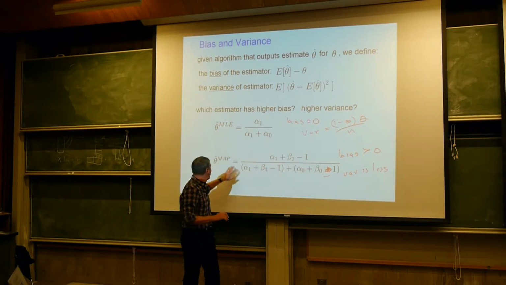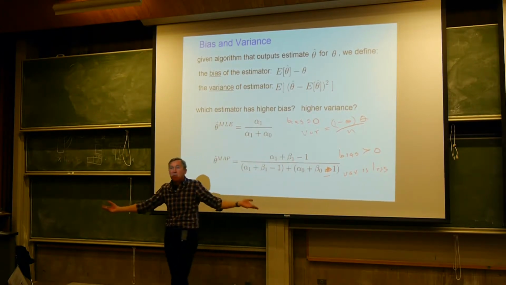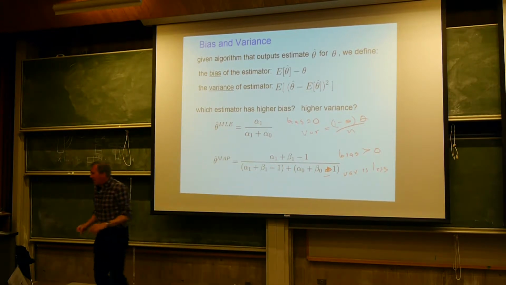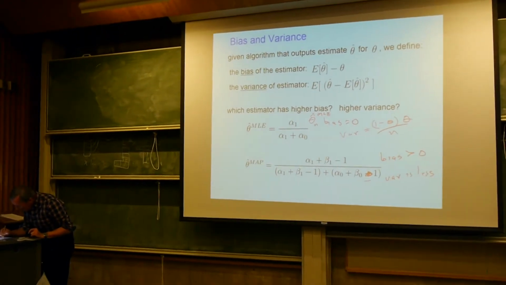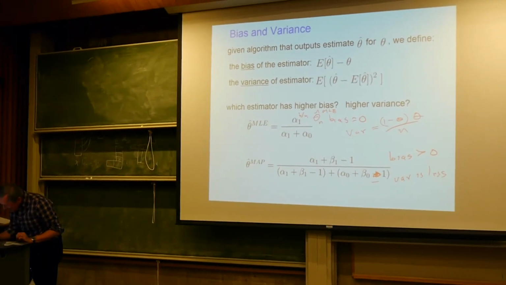As n goes to infinity, the MAP estimate converges to this because the betas become inconsequential, the alphas dominate. And so if they're going to converge to the same thing, then what I could say more properly is that theta MLE has a 0 bias for all n, and theta MAP has a bias greater than 0 for finite n.